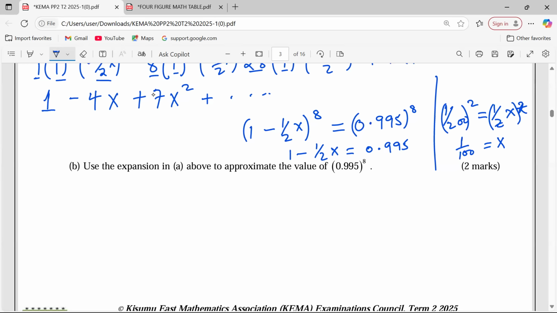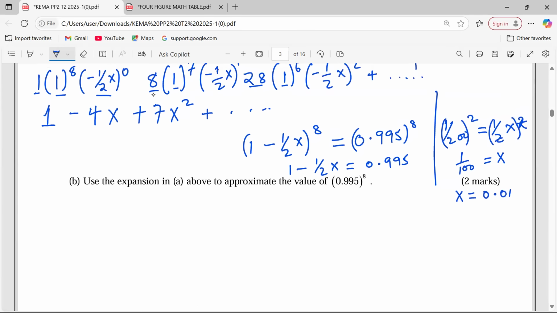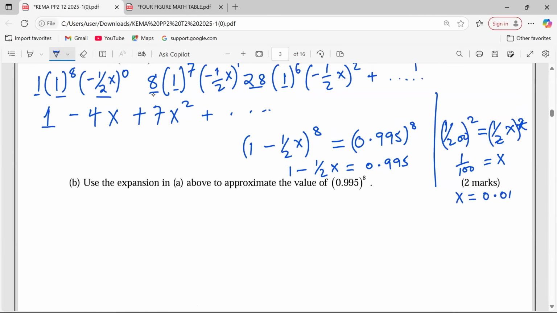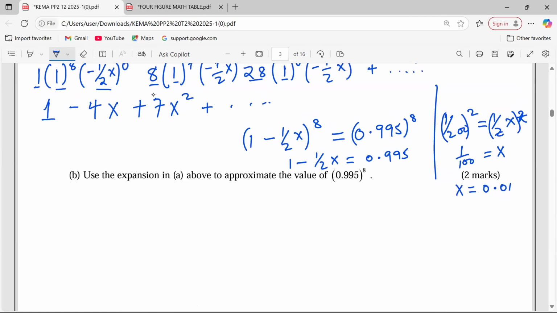And 1 over 100 is the same as 0.01. That way. So now that we have the value of x, we can substitute it in our expansion to get the value that we need. 1 minus 4, instead of x, 0.01, plus 7, instead of x, 0.01, but now squared. So with this, we can key into the calculator directly.